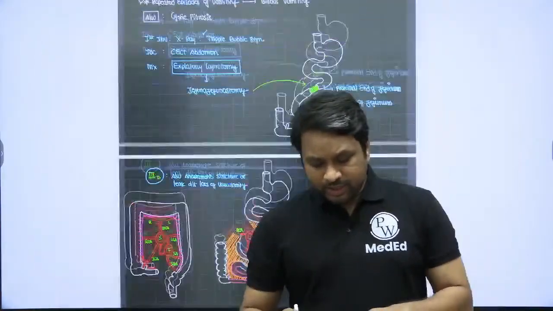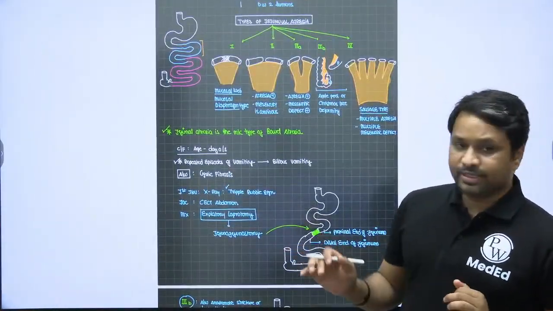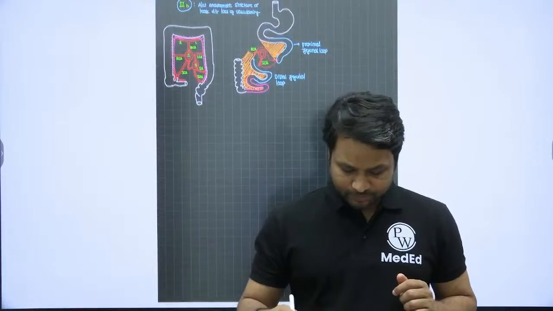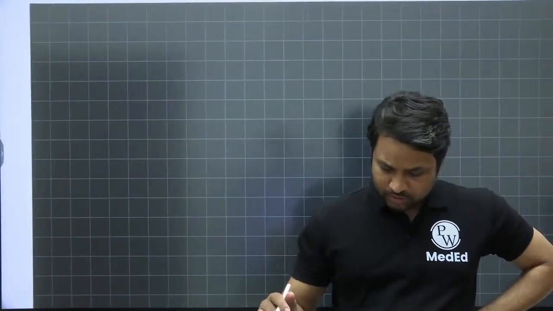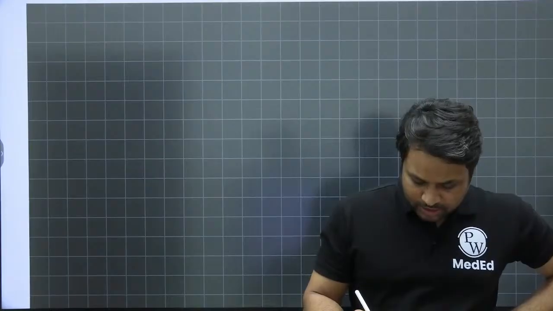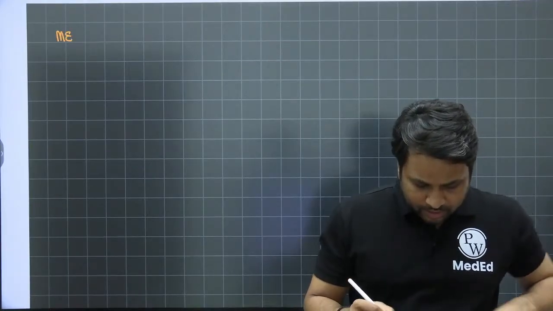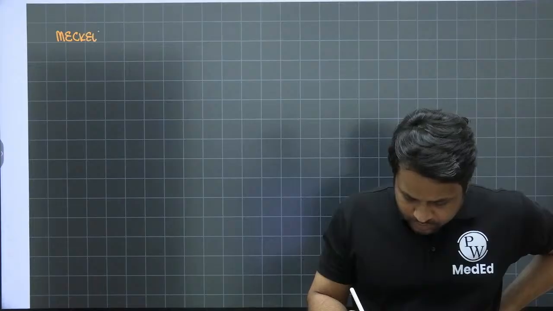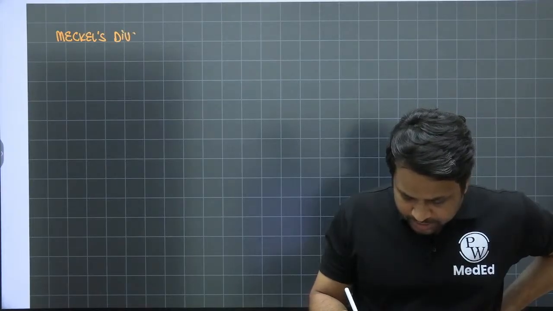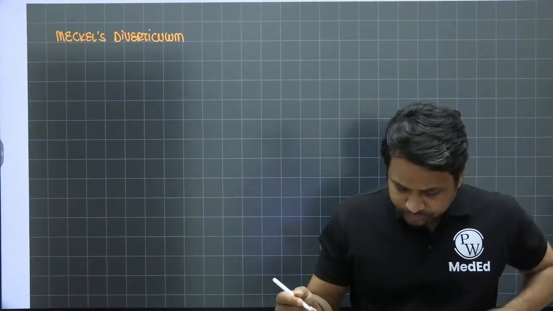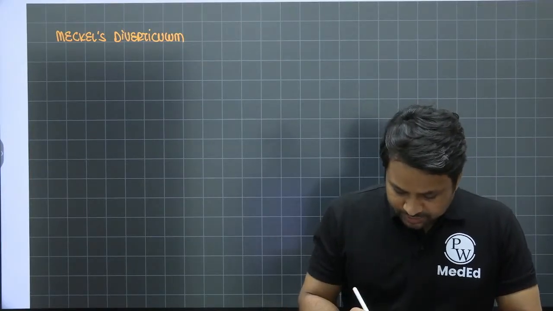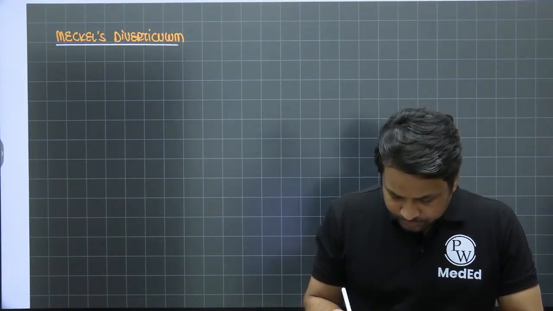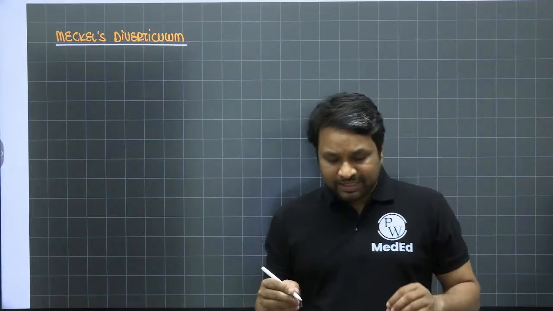So this is in the context of jejunal atresia that you should be aware of. Now, another condition that is going to be quite important for us is Meckel's diverticulum.